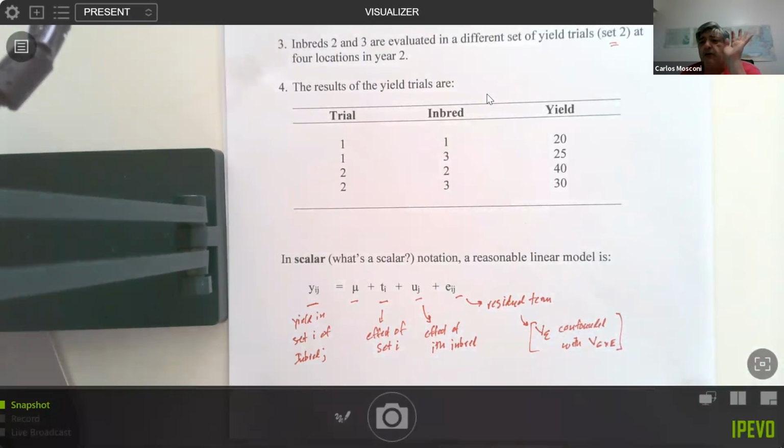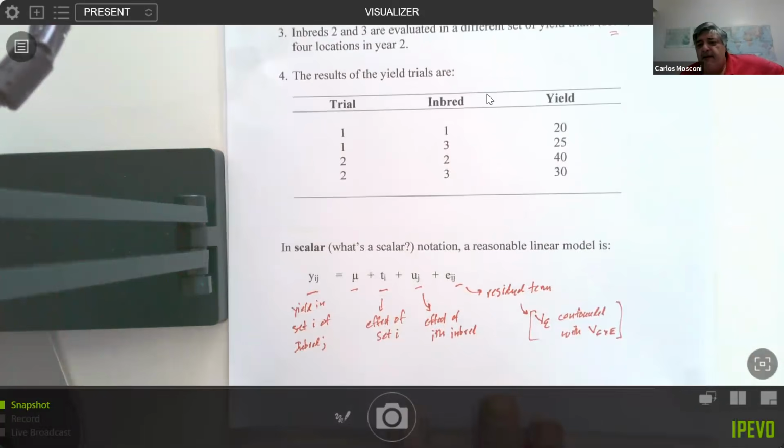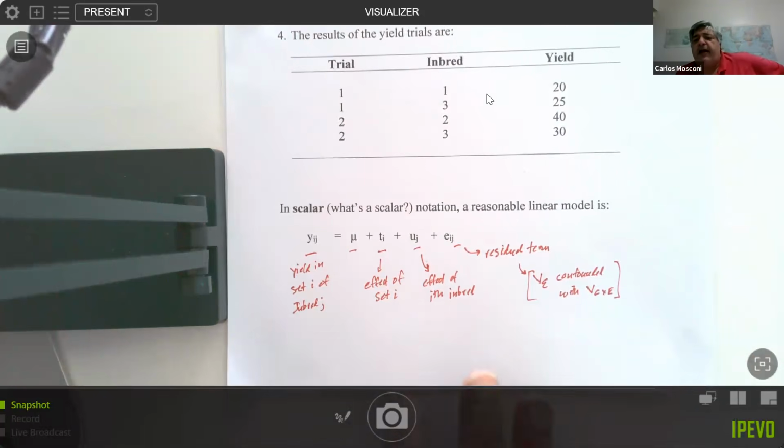All right. Question. Yes, go ahead. I have a problem with the residual term. Sometimes, do you need it to reduce to white noise? Do you check for that? Do you detrend the G by E interaction out?